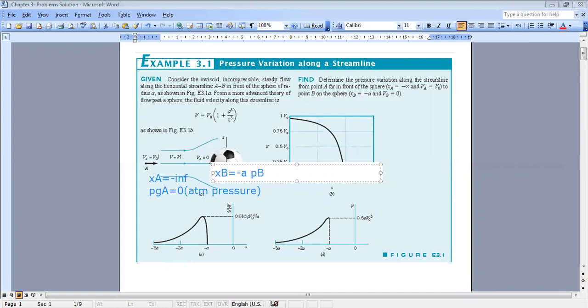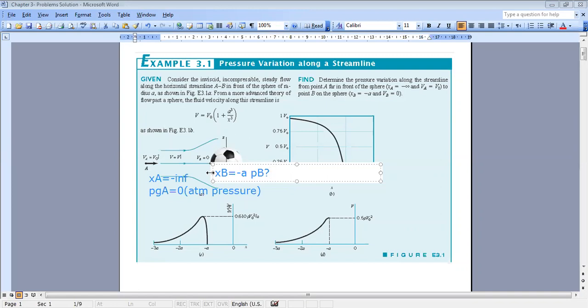If I want to use it as a boundary condition, I should know the pressure at B. How can I find the pressure at B if I want to use it? What can I do? Who will tell me how to find the pressure at B?